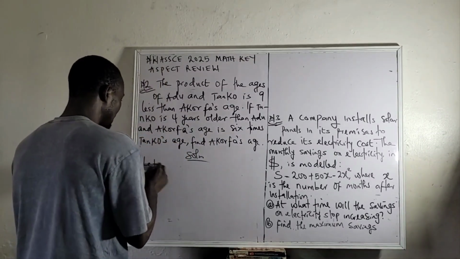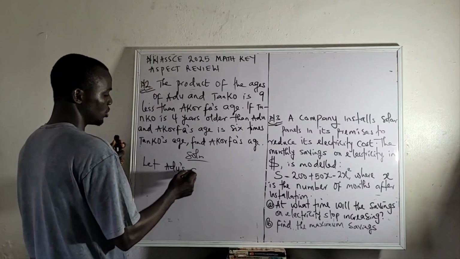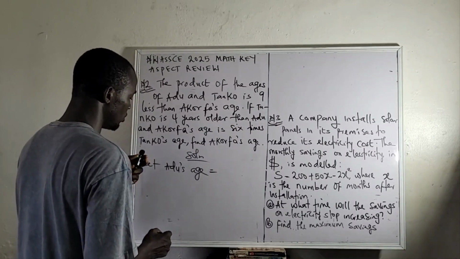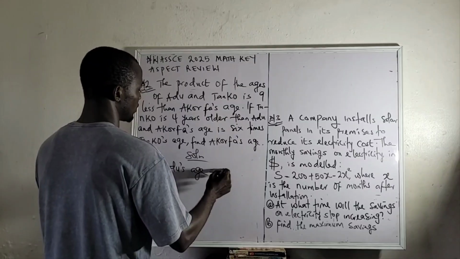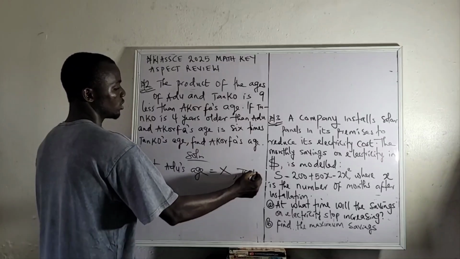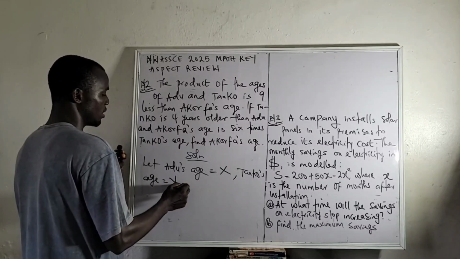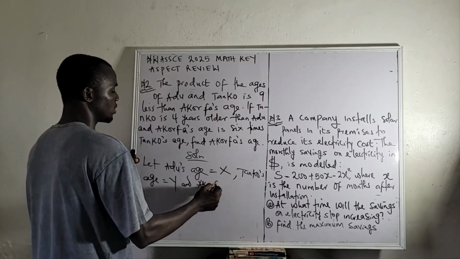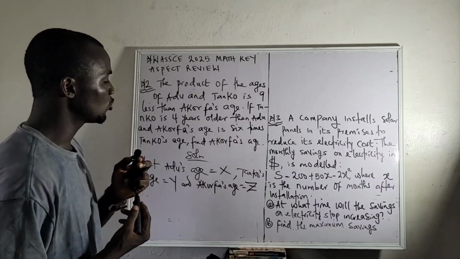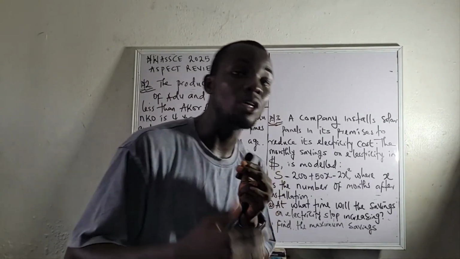So we say let Adu's age be equal to X, Tanko's age be equal to Y, and Akofa's age be equal to Z. Don't just use letters when you have not appropriately allocated them to the individuals referred to in the question.